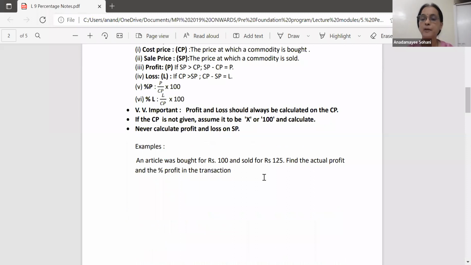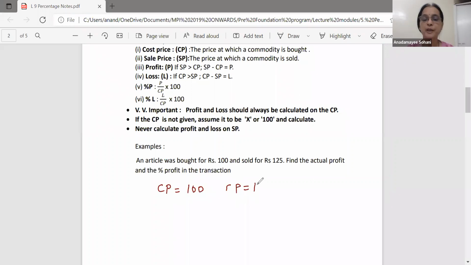An article was bought for rupees 100 and sold for rupees 125. So what is the cost price? 100. Cost price is 100 and sale price is 125.